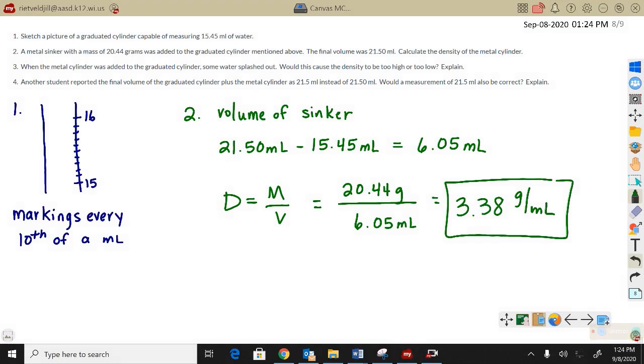Here are the answers to that free response quiz. Number 1, sketch a picture of a graduated cylinder capable of measuring 15.45 milliliters of water.